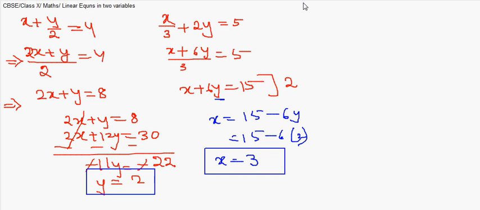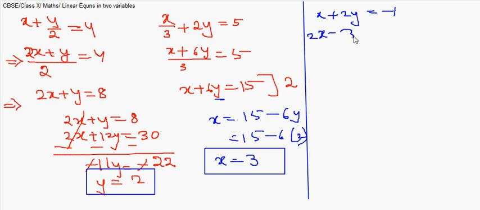Herein, let me give you one question to practice, for you to solve. Which question? I give you a very simple one. It is x plus 2y equals minus 1 and 2x minus 3y equals 12.